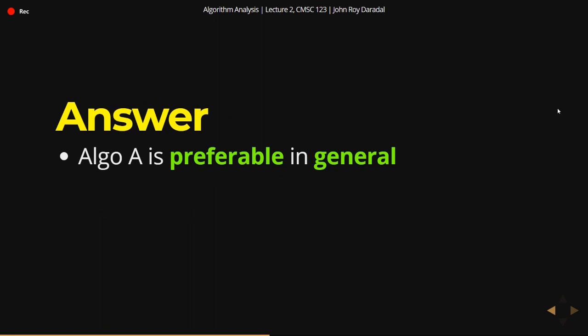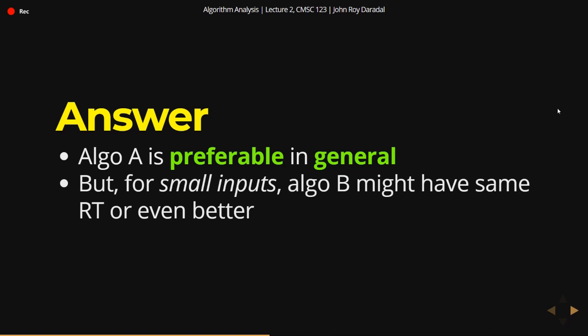In general, algorithm A is preferable. For small inputs, algorithm B might have the same running time or even better. But we don't care about the small inputs or small test cases. We only want to examine the behavior in general.